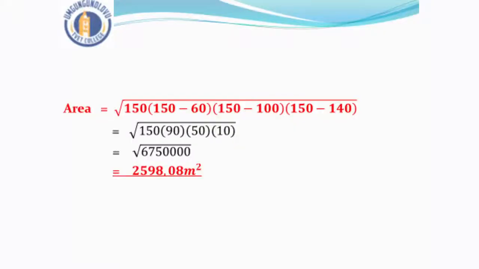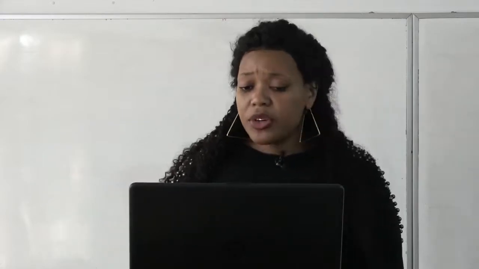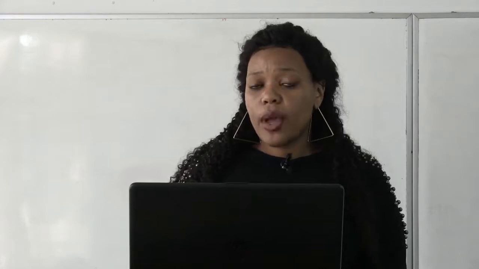Here you say area is equal to square root of 150 meters, which is S, times 150 minus 60 into 150 minus 100 into 150 minus 140, which will give us 2,598.08 square meters. Remember, we are calculating for the area. That's why the unit of measurement should be in square meters.